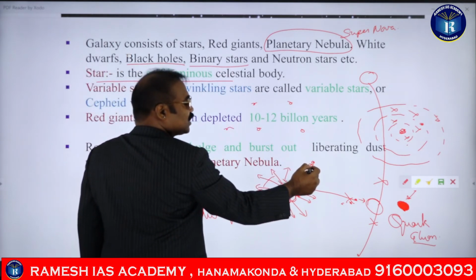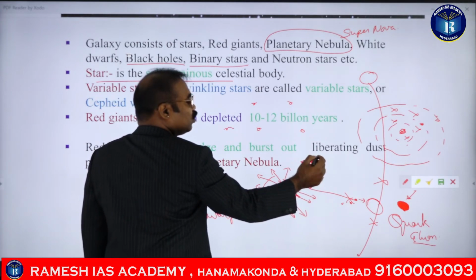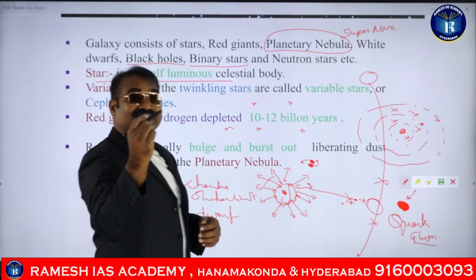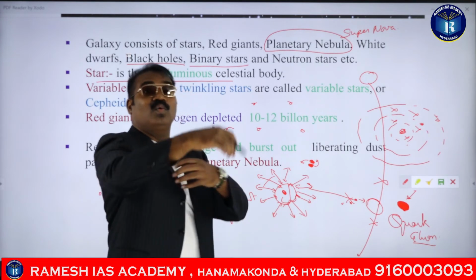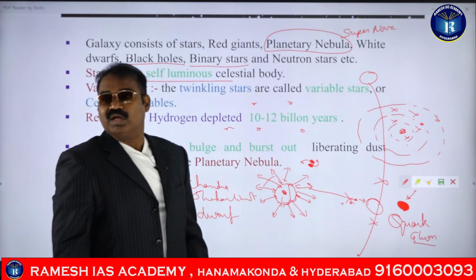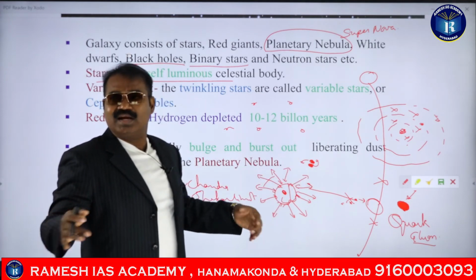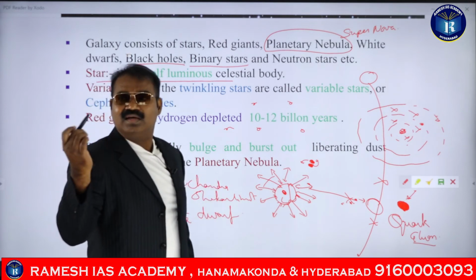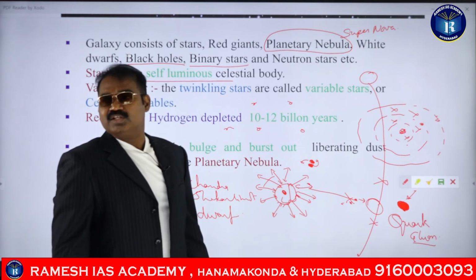Two stars are present together and they will be moving around one another. They have the same center point around which they move. Two stars are present together and rotating around each other around the same center point, guys. They are called binary stars.